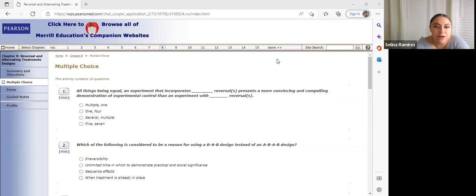Okay, so it's probably going to be an experiment that incorporates more reversals, right? Like a higher number of reversals presents a more convincing and compelling demonstration of experimental control than an experiment with less reversals.